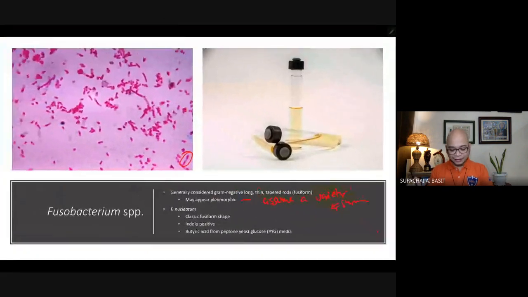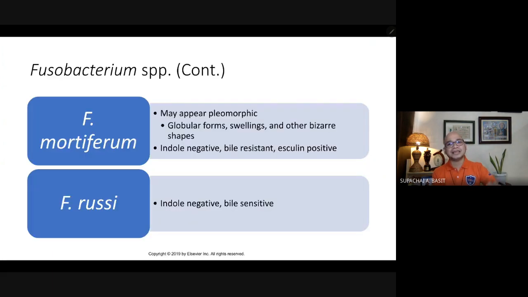And they are indole positive, and they can produce butyric acid from peptone yeast glucose media or the PYG media. So two important species are Fusobacterium mortiferum, which appears in pleomorphic globular forms. They have swelling and other bizarre shapes.